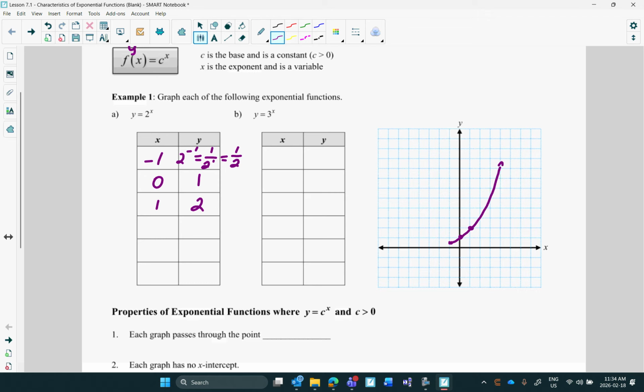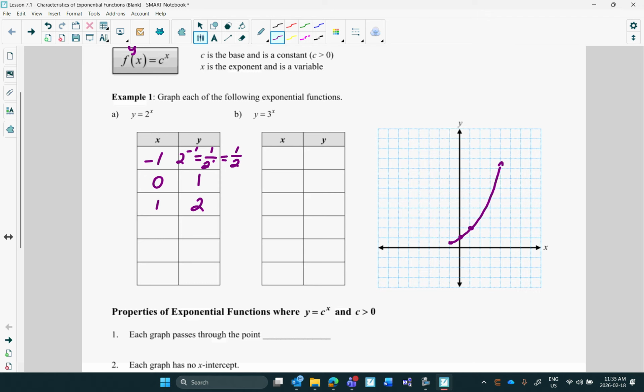What's 2 to the negative 3? 1 over 2 to the 3, which is 1/8? So it keeps getting smaller and smaller and smaller, right? So like if x is negative 1,000,000, it's 1 over 2 to the millionth, which is a really small number, but does it ever hit 0? No. So y will never become 0.